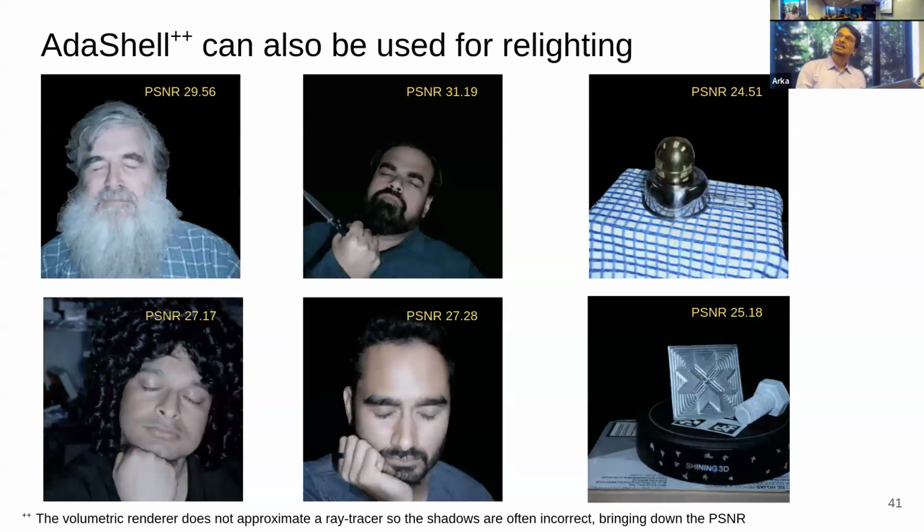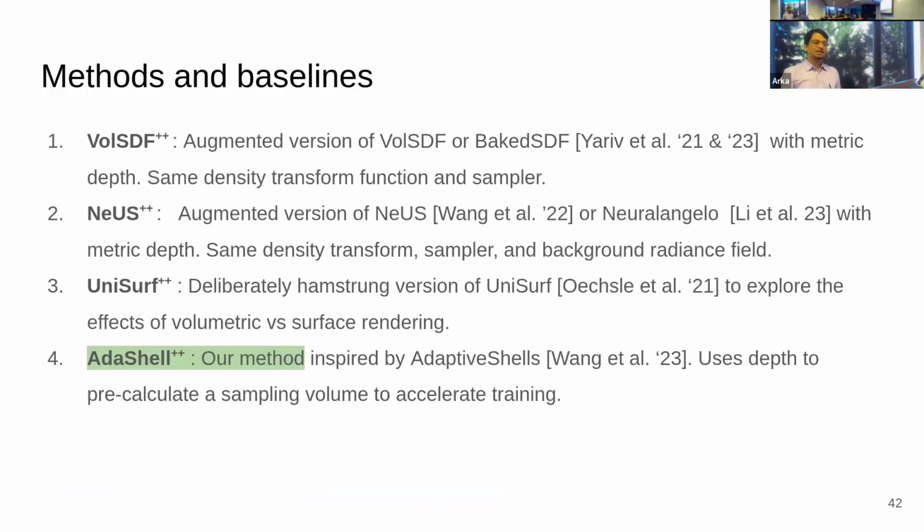Thank you. Okay, so let's look at our methods and baselines. We have three baselines. Vol SDF++ is an augmented version of Vol SDF or BakedSDF with the modifications that we have. Newest++ is a modified version of Newest or Neuralangelo.